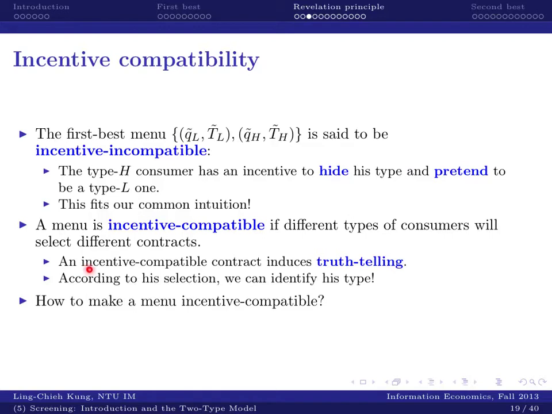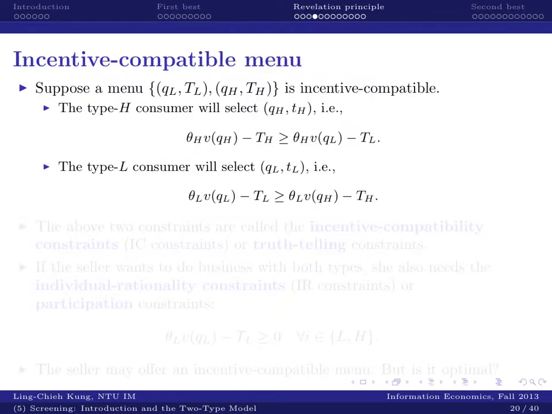This is why we say incentive compatible contracts induce truth telling. So, if we want to get truth telling, how may we make my menu incentive compatible? Let's answer this question first.